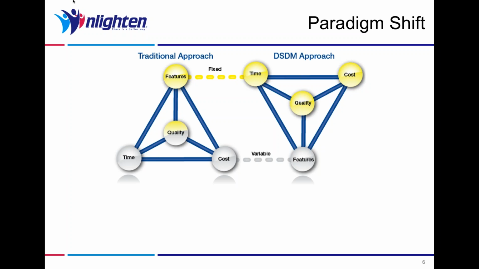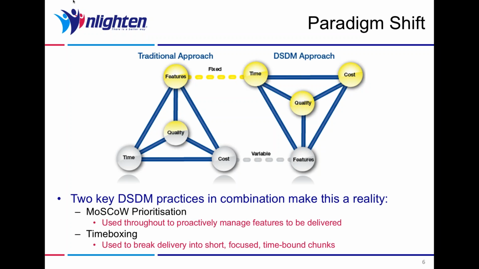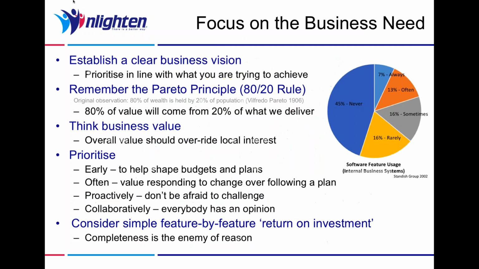So first thing in terms of our understanding of why it is safe and appropriate to de-scope some of the features if necessary to maintain predictability around time and cost is to understand that the business need usually doesn't require everything to be delivered.